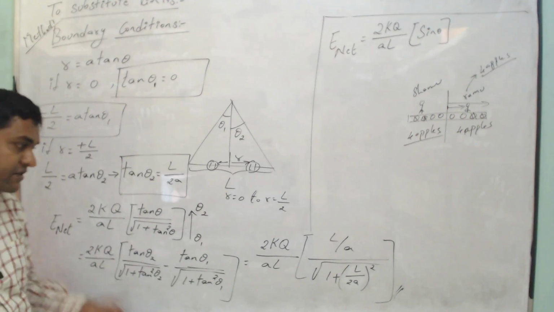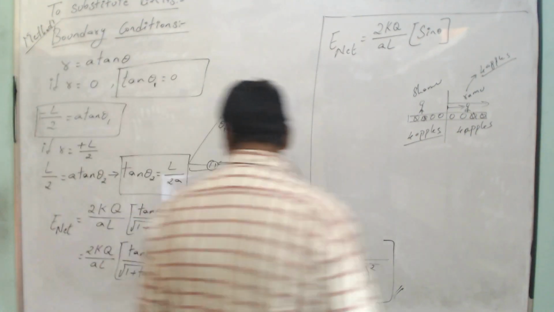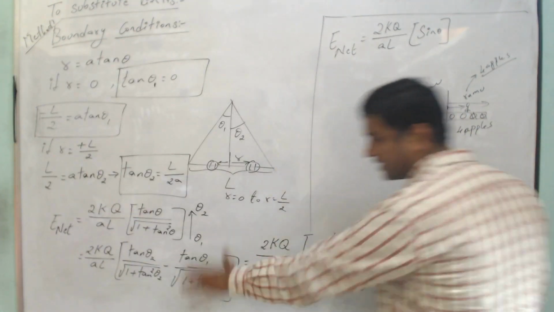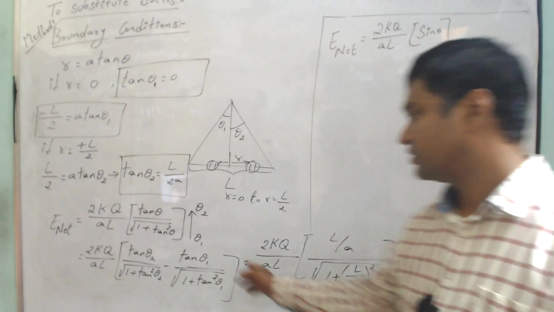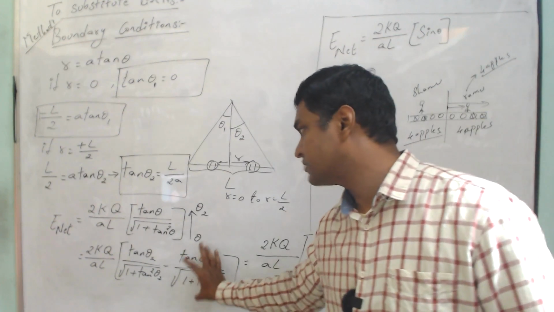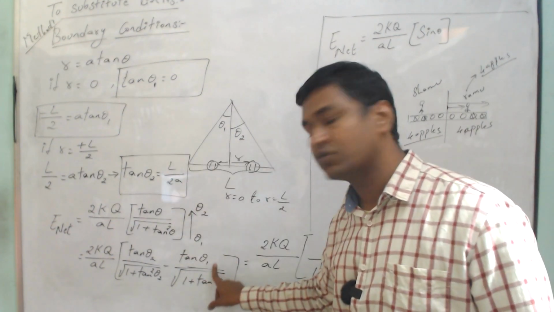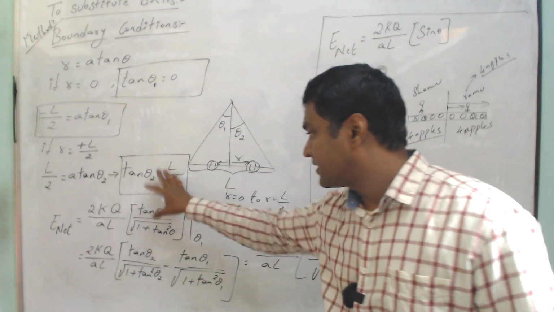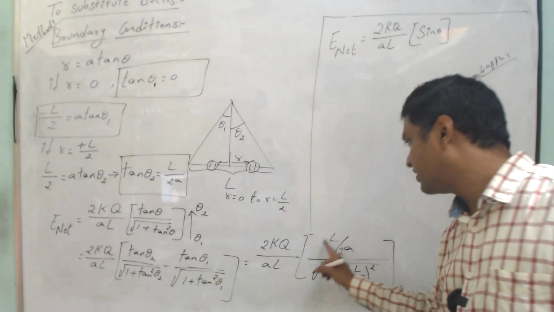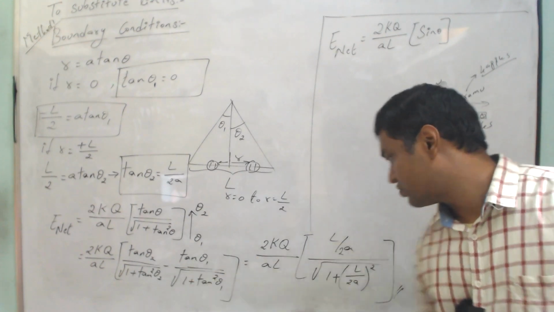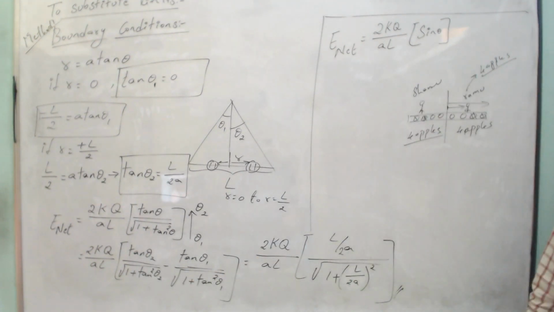When I substitute from theta 1 to theta 2, the theta 1 part will become 0, because tan theta 1 is 0. And for theta 2 I will substitute tan theta 2, so I will get L by 2a divided by under root of 1 plus L by 2a whole square.